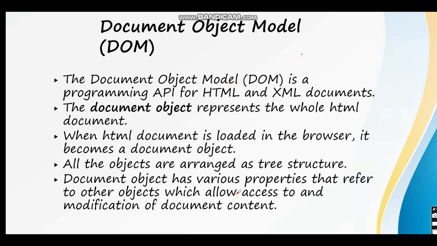Whenever a HTML document is executed onto your web browser or the window, then it is treated as document object, and the way that document content is accessed and modified is called the document object model or DOM.